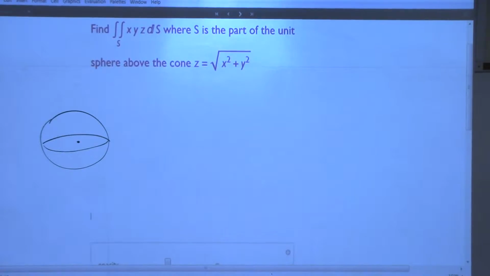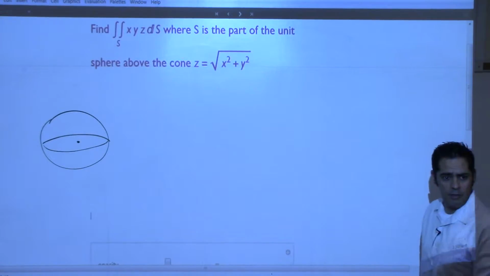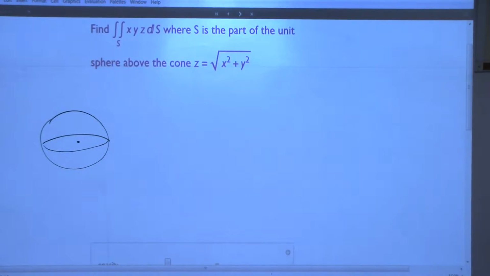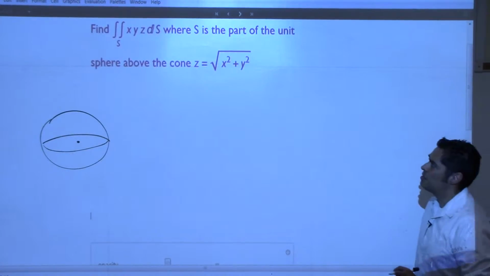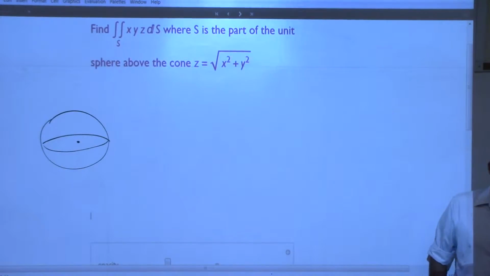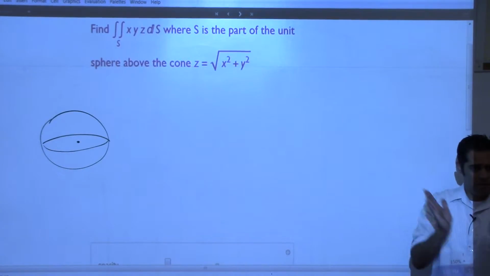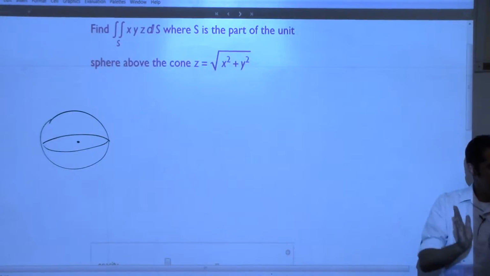Now you have to remember what that looks like when we studied these way back in chapter 10. I can get some points pretty quickly if I let x and y be 0, z is 0, right? So the origin there. And then what if y is 0? This turns into z equals x, or the absolute value of x, right? Which would look like a v.